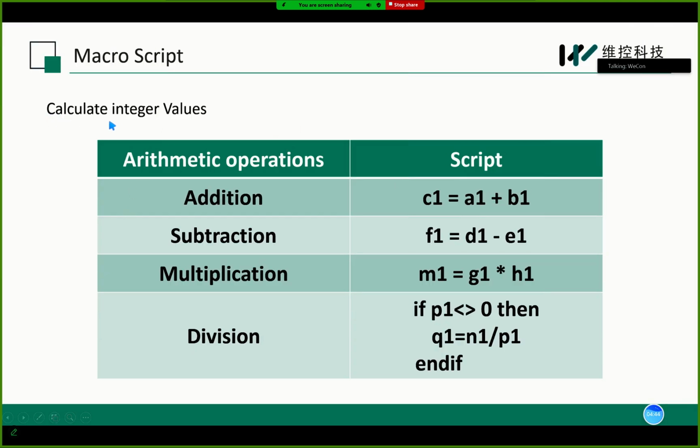And then to calculate the integral values, we use this script. Please note for the division, we need to use an if-then structure to avoid a number divided by 0.